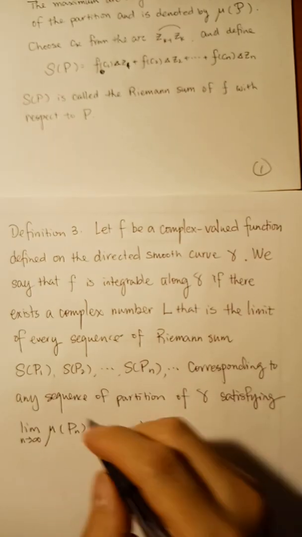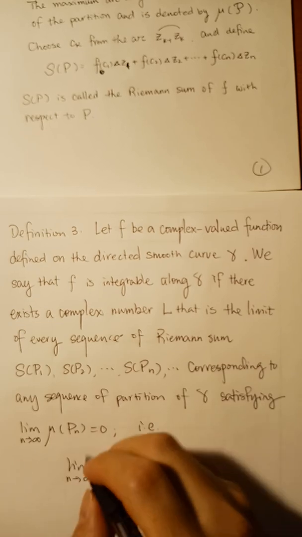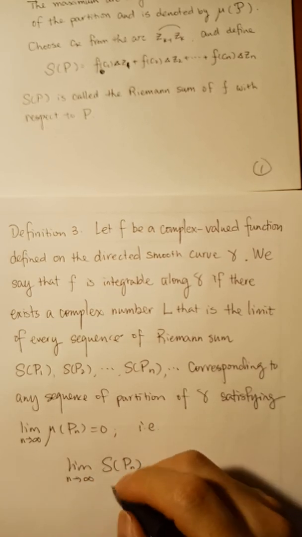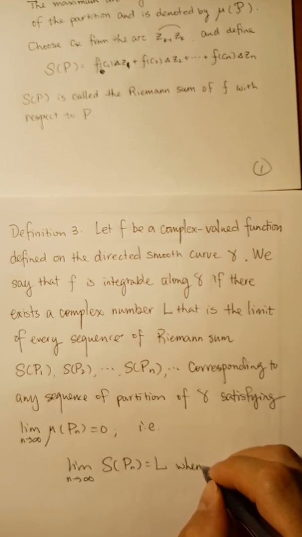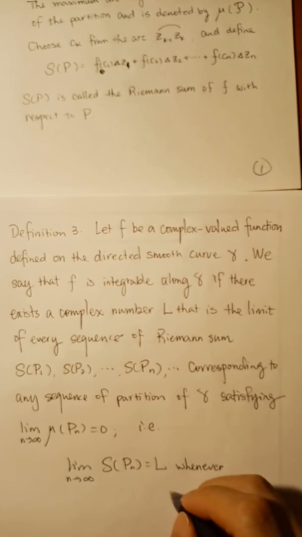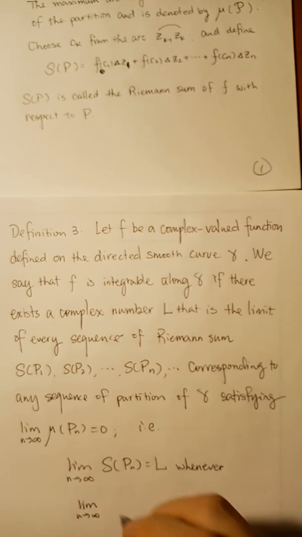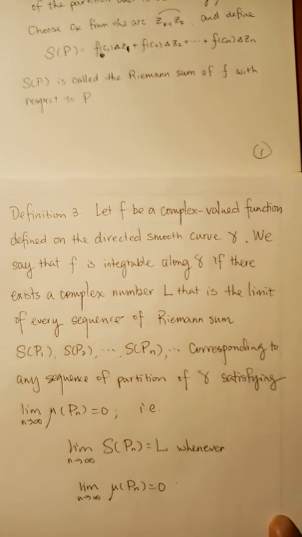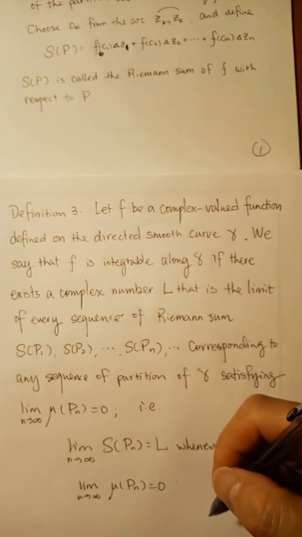That is, the limit of the Riemann sum of Pn as n approaches infinity is equal to L whenever the limit as n approaches infinity of the mesh mu of Pn is equal to 0.